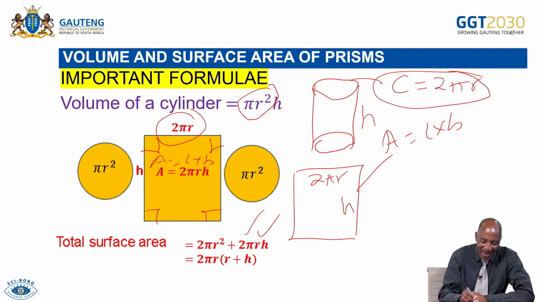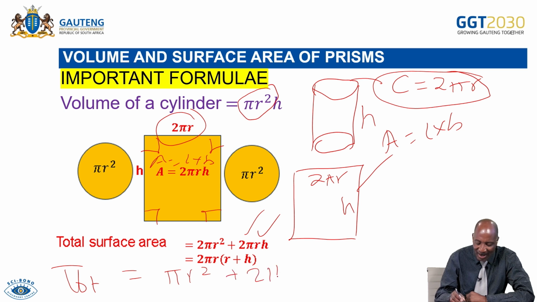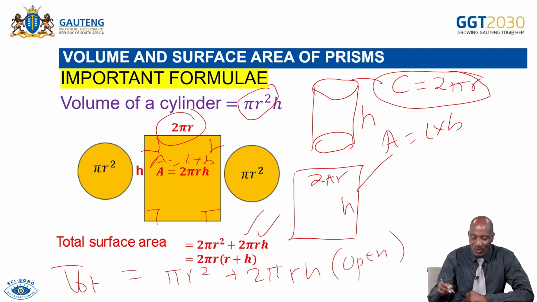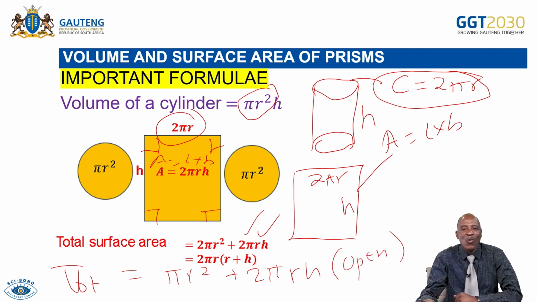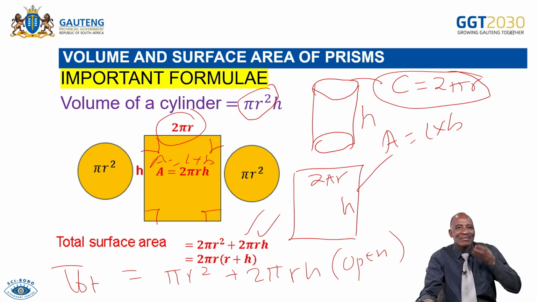Therefore, your total surface area is going to be equal to pi r squared plus 2 pi r h, if it's open on one end. Why do we have only 1 pi r squared? In other words, we have only one circle. The other circle has been removed.